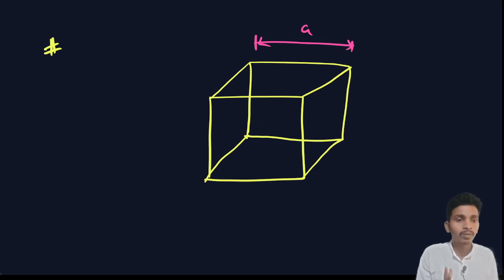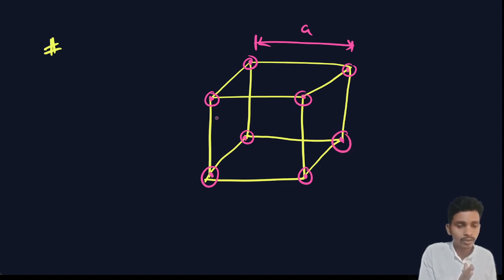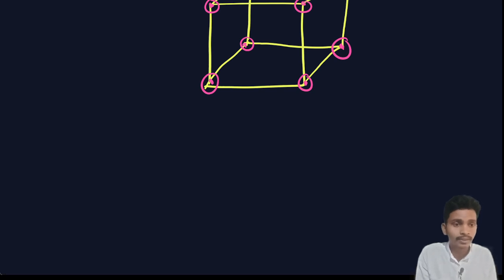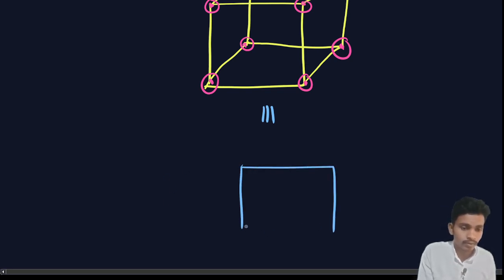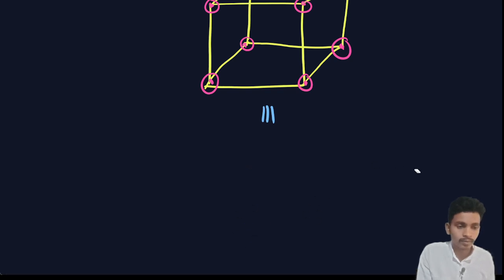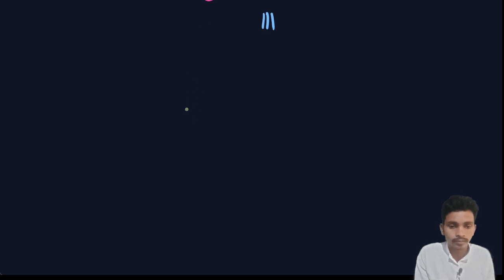Whenever we draw lattice points, we draw a lattice point at every corner, simply like this. But actually how it exists is that these lattice points all touch each other.